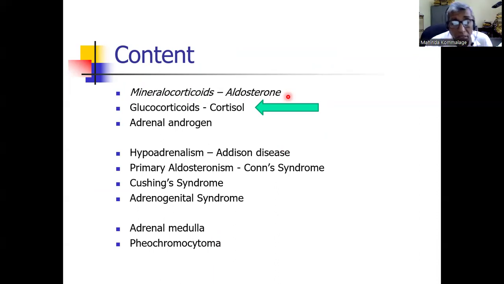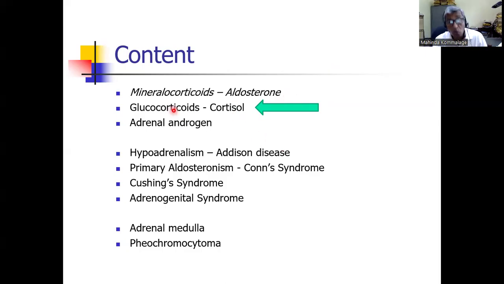Okay, right. Now I will move to cortisol, the glucocorticoids. Glucocorticoids, the main hormone is cortisol. Remember, of course, we call cortisol the main glucocorticoid. Cortisol has a very good mineralocorticoid action that I already explained.